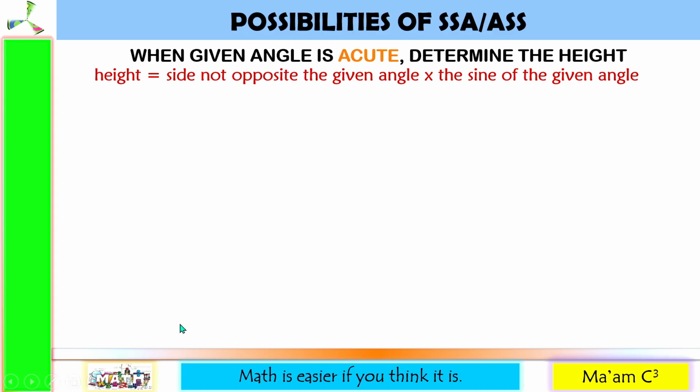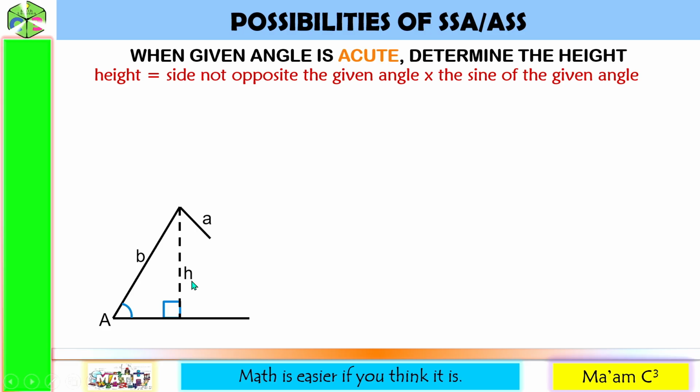Here is one possible outcome. So I have here angle A, and given is the side opposite to it. Here is side A. Here is the height of the triangle. Remember that it has to be perpendicular with the base. To solve for the height, you just have to multiply the side not opposite the given angle.